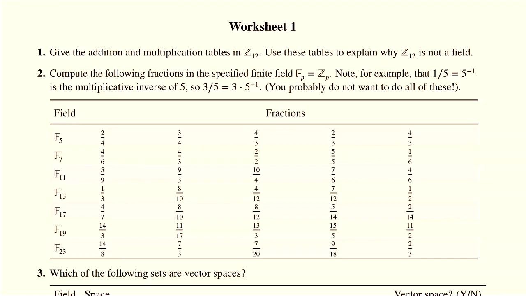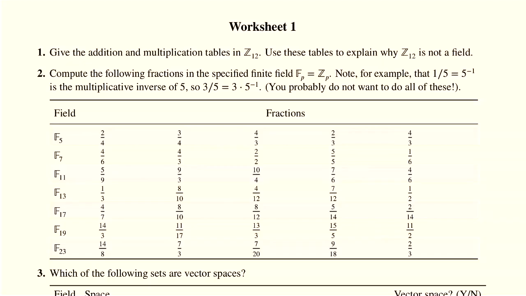For example, taking 4 in Z12, when you start doing 4 times 0, 4 times 1, 4 times 2, 4 times 3, and write them all down, none of them are 1. And we know why. It's because 4 has a common divisor with 12. That's one reason why this is not a field.